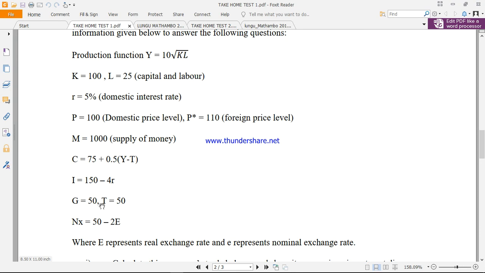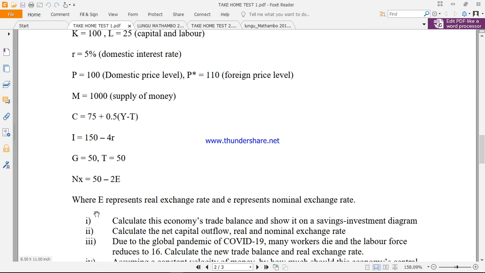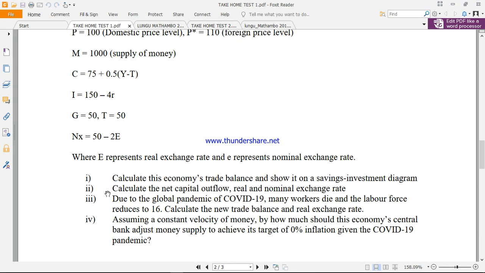Government is equal to taxes equal to 50, net export function, where E represents a real exchange rate and small e represents nominal rate of exchange. The first question: calculate this economy's trade balance and show it on a savings investment diagram.